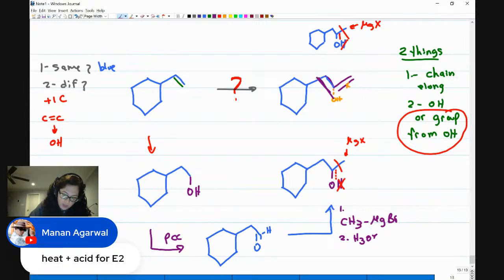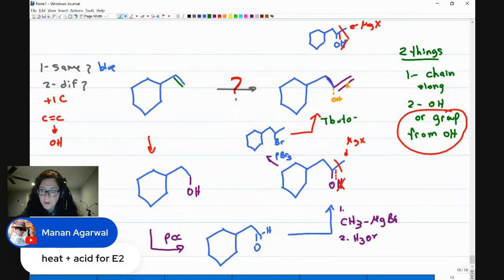It could potentially go here, rearrangement, no good. What I need is to kind of take a side step and give me a different leaving group that I can eliminate. So we'll swap it for something like a bromine using PBr3, or SOCl2 for a chlorine. And then we can go from there and turn that into the pi bond using tert-butoxide to eliminate at the less substituted position.